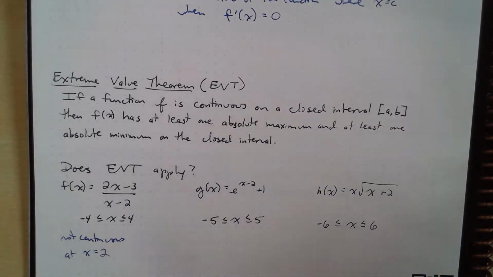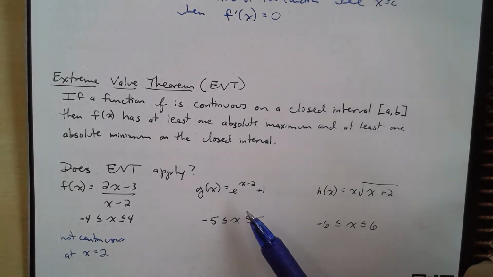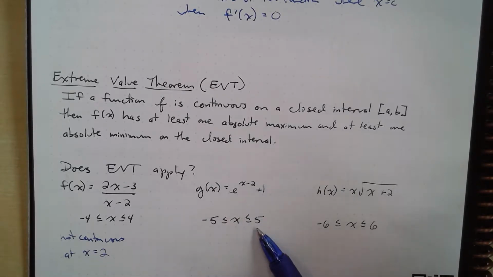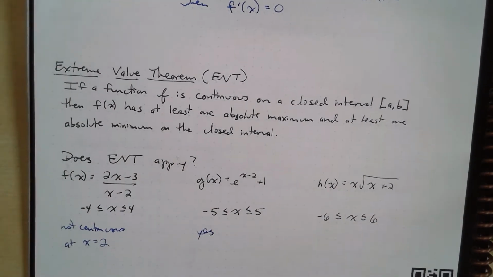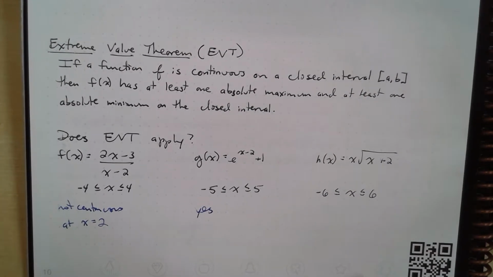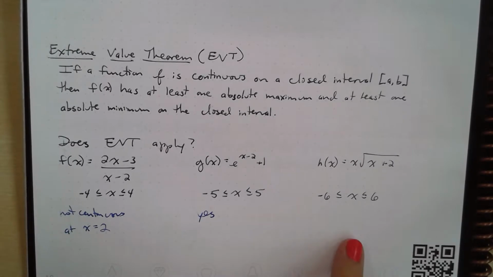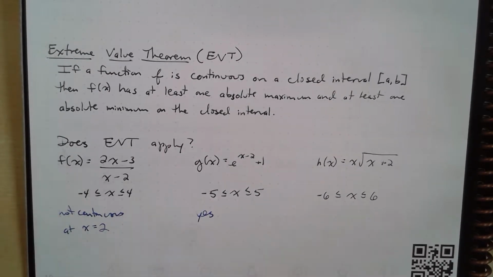Let's look at our next one. Here we have g of x equals e to the x minus 2, plus 1, from -5 to 5. Does it apply? Yes, it's continuous for all the reals in that interval, so it's going to work. What about h of x equals x times the square root of x plus 2, on the interval from -6 to 6?